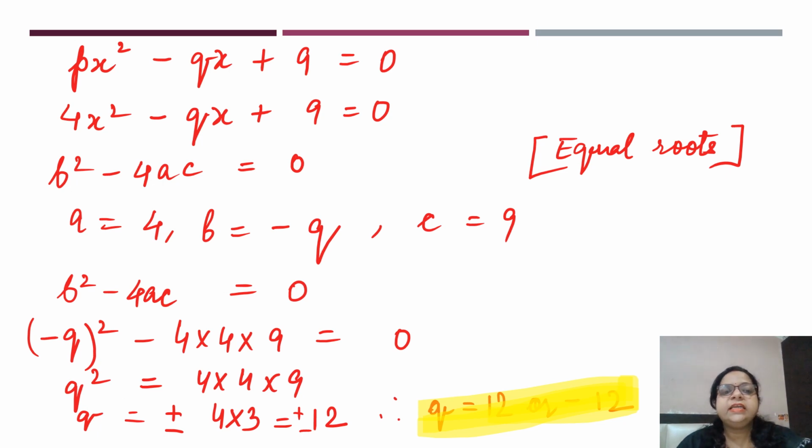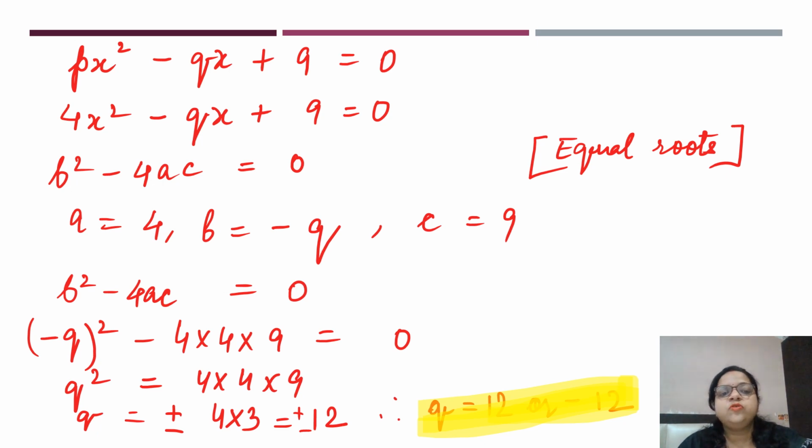Now coming to the second equation, children, px² − qx + 9 = 0. We put the value of p as 4: 4x² − qx + 9 = 0. b² − 4ac is equal to 0 because the roots are equal.